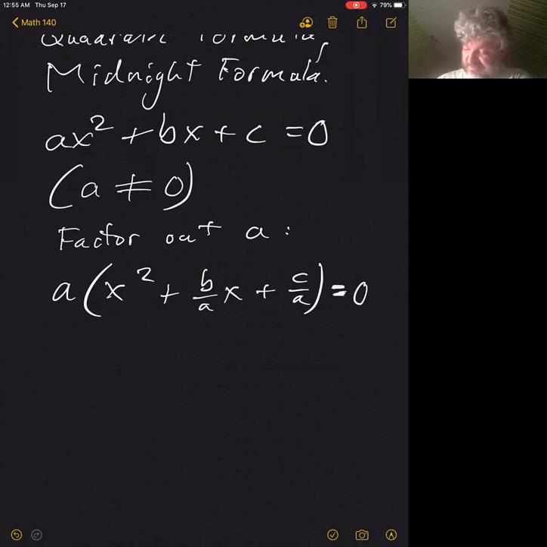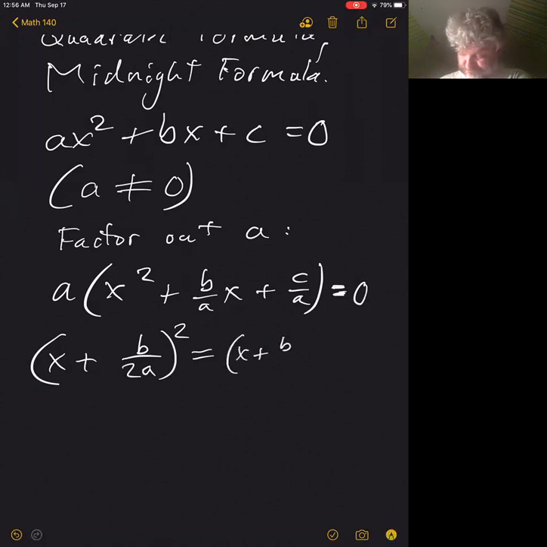So we look at x plus b over 2a. When you square that, you've got to FOIL it out. Think x plus b over 2a times x plus b over 2a. And just to be safe, I'm going to write it out.